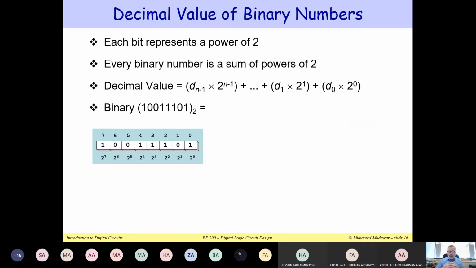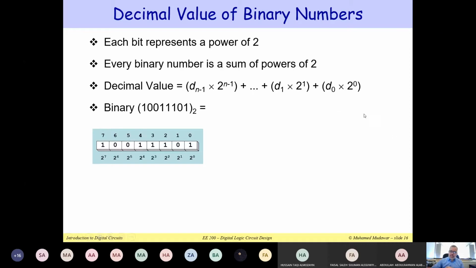Now, we can take a number in binary, and we can calculate its decimal value. There is a very simple way to obtain the decimal value of a binary number, because each bit has a position and it has a weight. We can simply multiply the bit value with its weight.